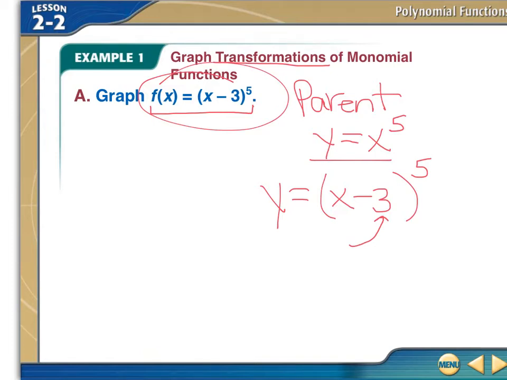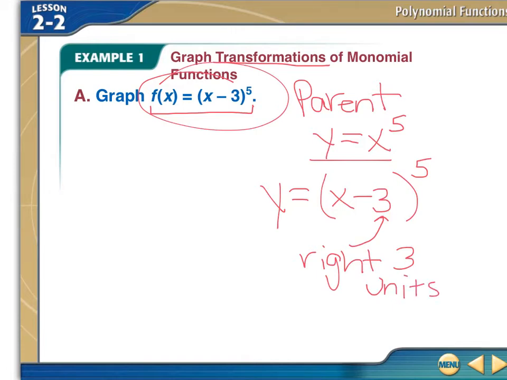Anytime we add or subtract inside of a grouping symbol, we are translating or shifting horizontally. All horizontal transformations are opposite of the sign. So we are shifting right 3 units.